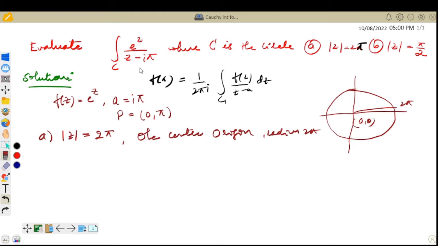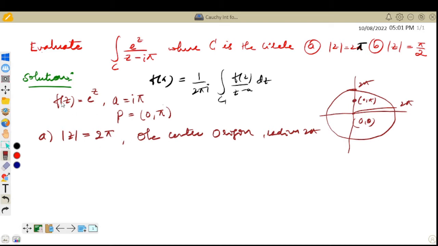So how to evaluate this integral over this curve? First you can check the point. You know Cauchy integral formula very well. There should be a point inside this circle itself. The point 0 comma pi is somewhere here, because from origin to this is 2 pi radius. So 0 comma pi should definitely be inside this.